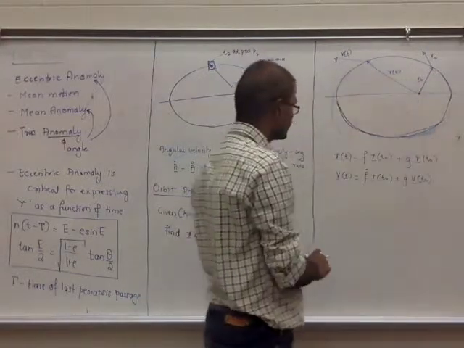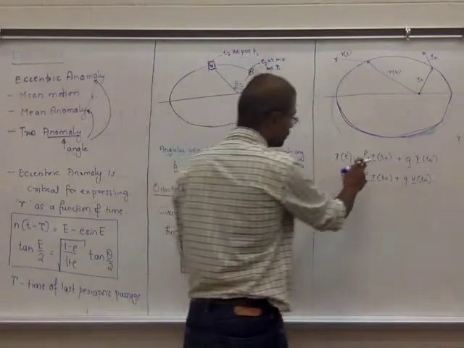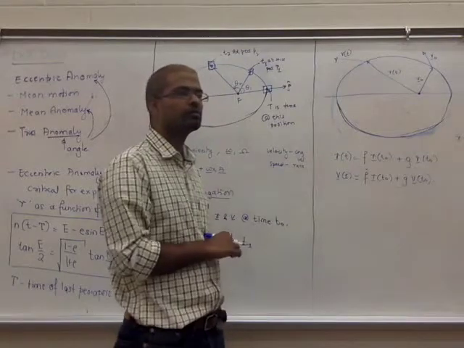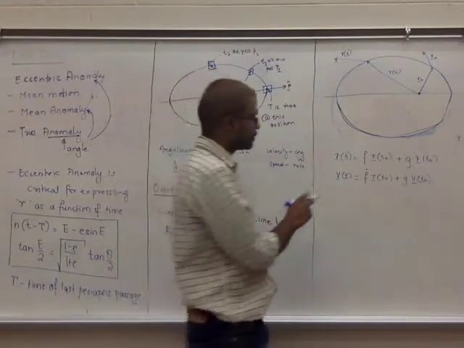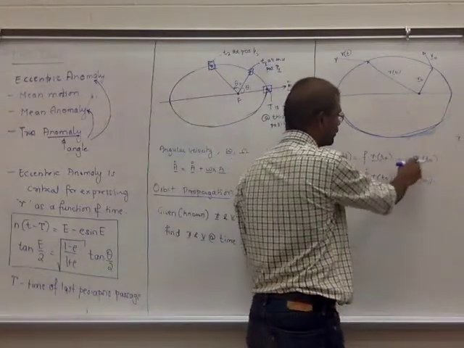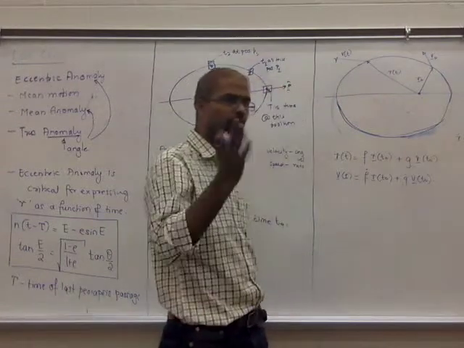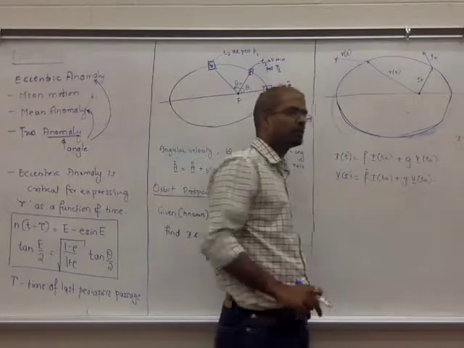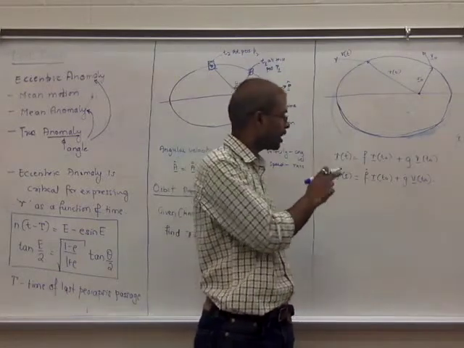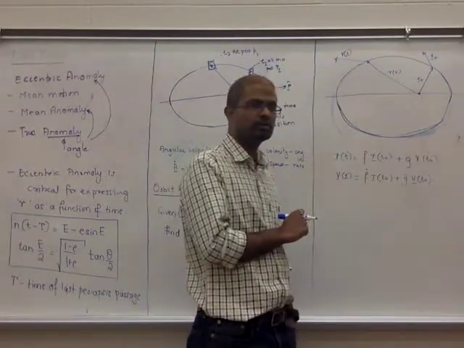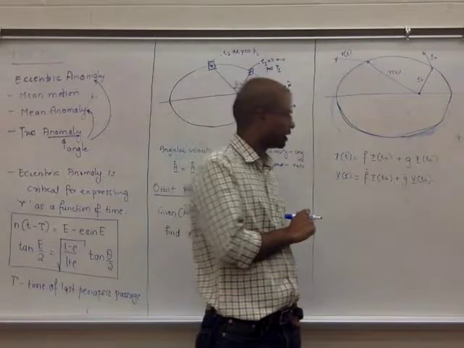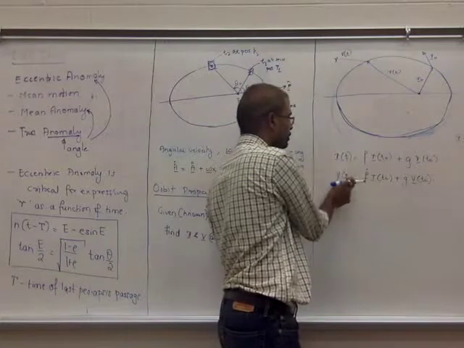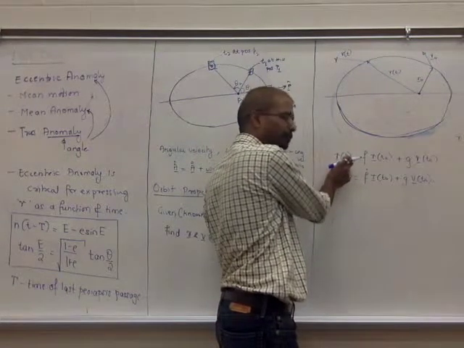That means we know how F and G will change as a function of R naught and V naught. If we know R and V, we can express F and G as a function of R and V. Also, if we take the derivative, V of t is nothing but the derivative of this, right?